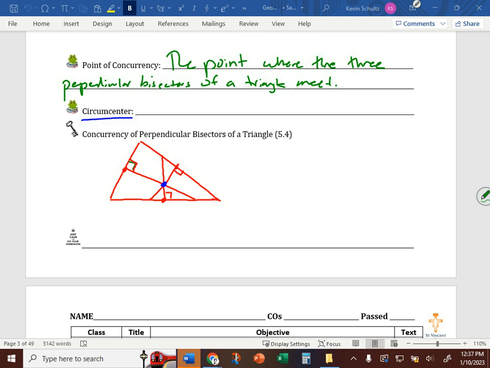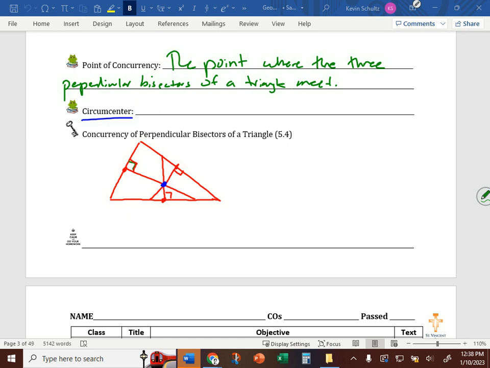Kylie? I think it's because since all of the perpendicular bisectors are from the middle of the sides, that's the center of all the sides. Center of the sides, meaning that these segments here coming from the side to the circumcenter would all be the same length, which they don't seem to be.